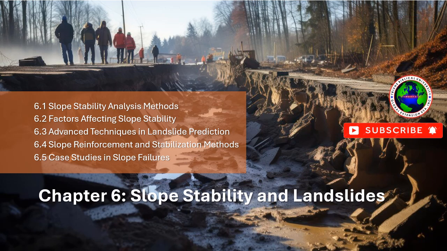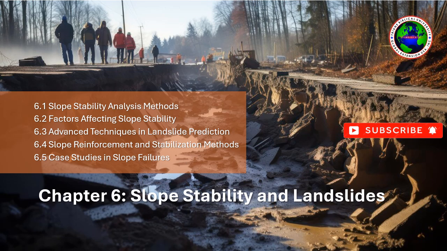They work by providing lateral support and distributing stresses within the soil, preventing slope failure. Geotextiles. Geotextiles are fabric-like materials that help stabilize the soil by improving drainage and providing filtration. They also improve soil cohesion by preventing erosion.